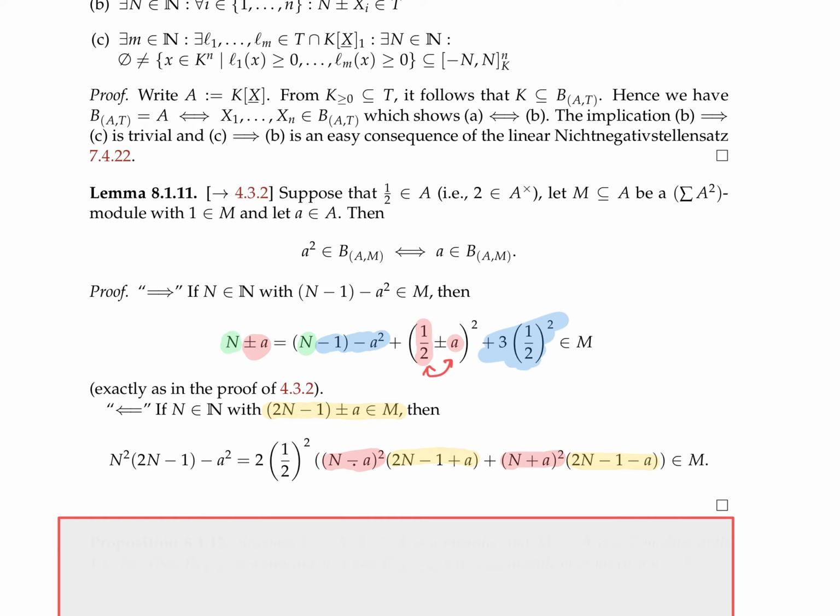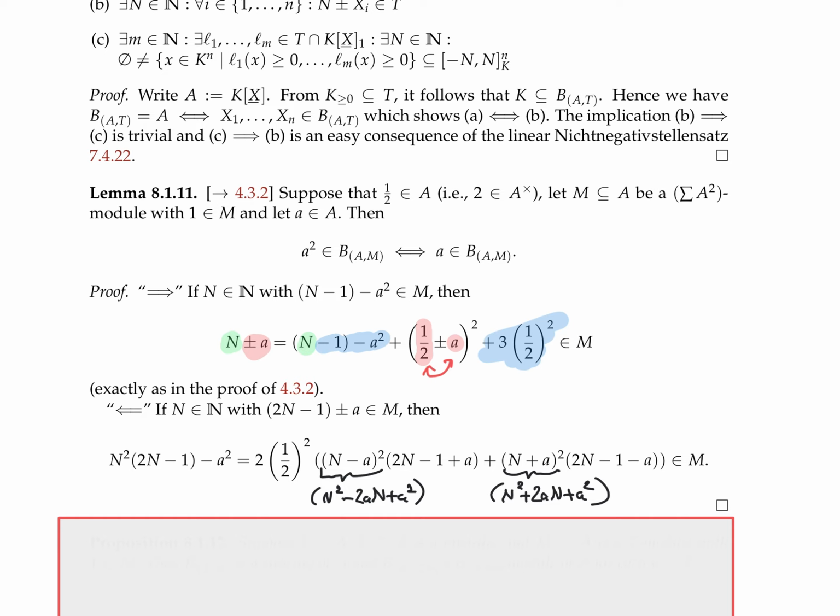So if I expand everything on the right hand side here, what terms do I get that involve a? Maybe I write it like this: it's n squared minus 2an plus a squared, and that's n squared plus 2an plus a squared.